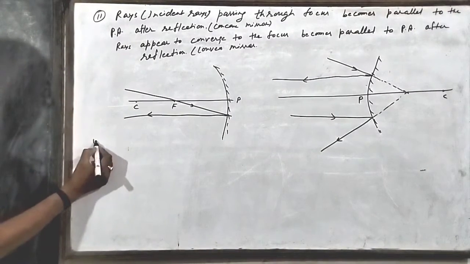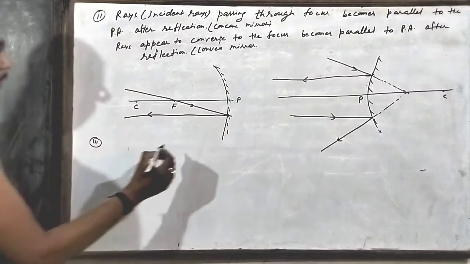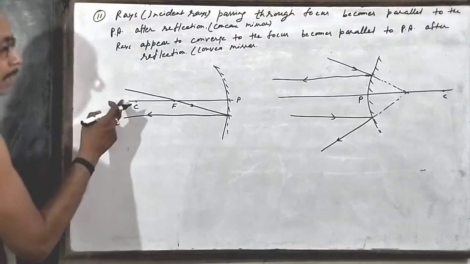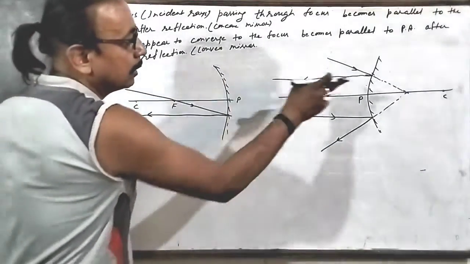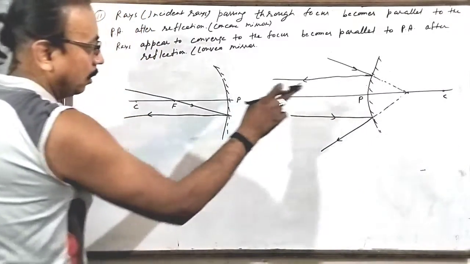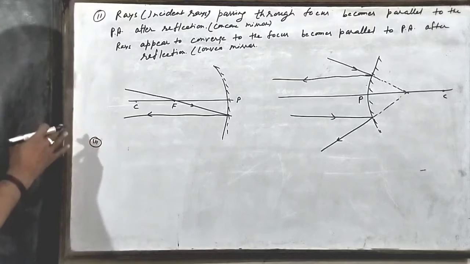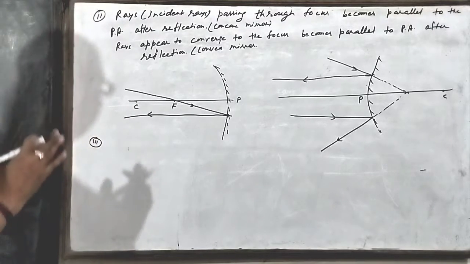Third ray. If incident rays are passing through the center of curvature or appear to converge at the center of curvature, in both cases they will trace back their path because they fall normally on the mirror.